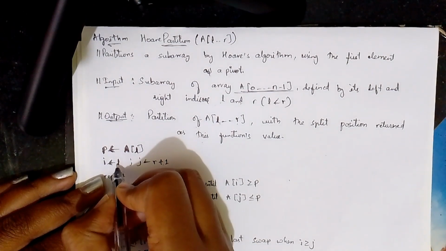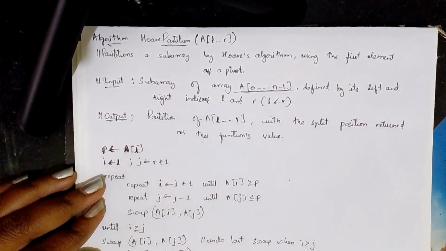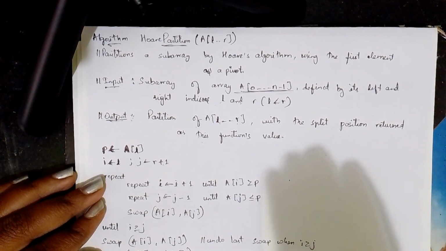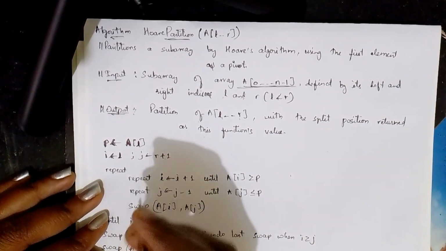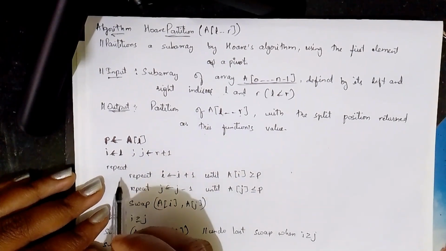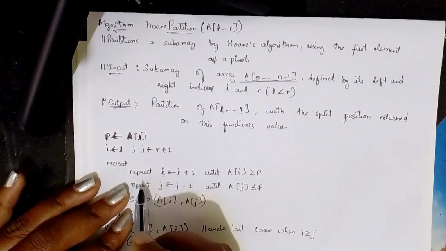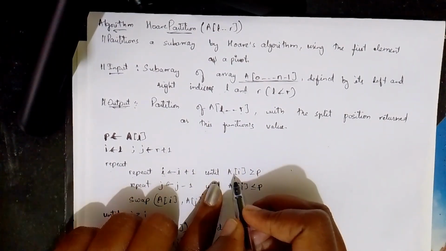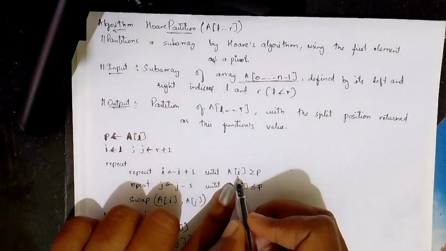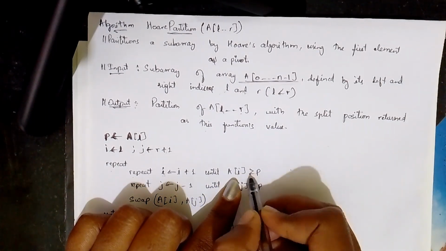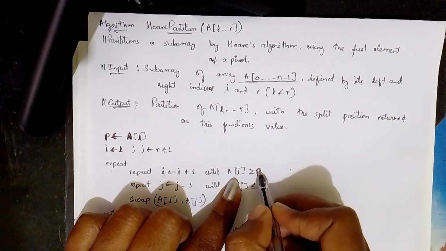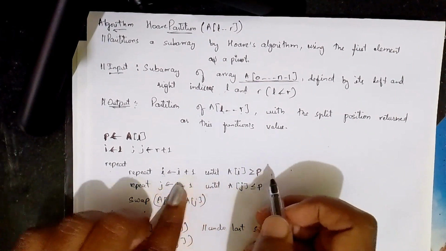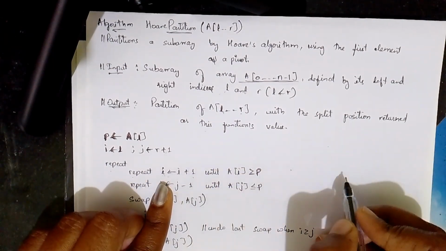On the left side we have to do incrementation, while on the right side we have to do decrementation, and you have to repeat that step. If A of I, that is the element, is greater than the pivot element, we have to stop the incrementation on the left side.